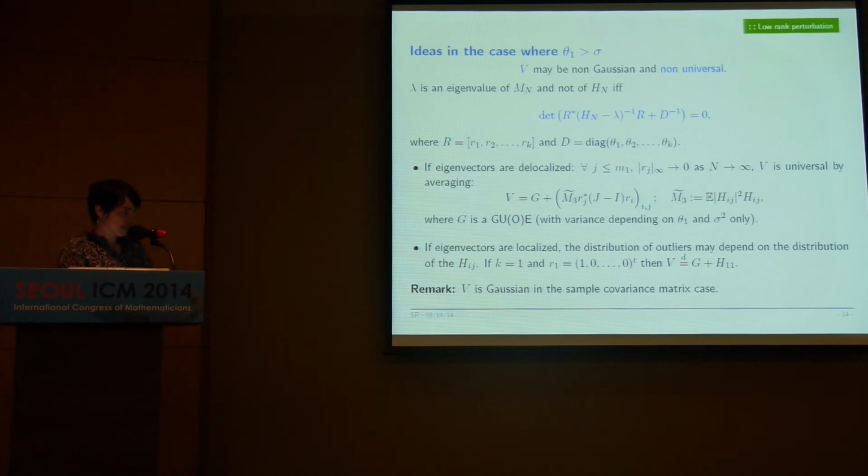In this case, one can show that V will be the sum of a Gaussian and an independent random variable which has the same distribution as H11. So this result is a strong non-universality result, because the limiting distribution strongly depends on the distribution of the entries here.